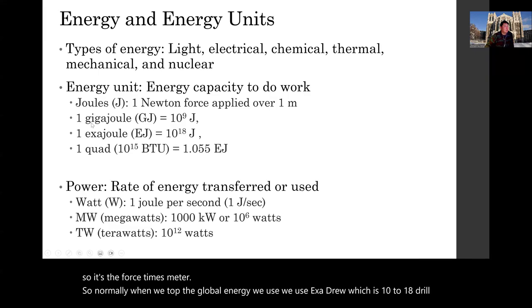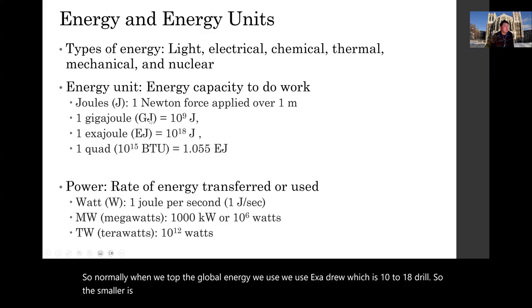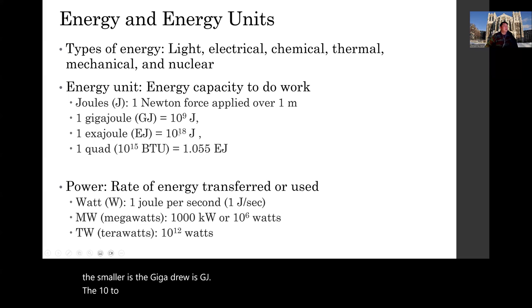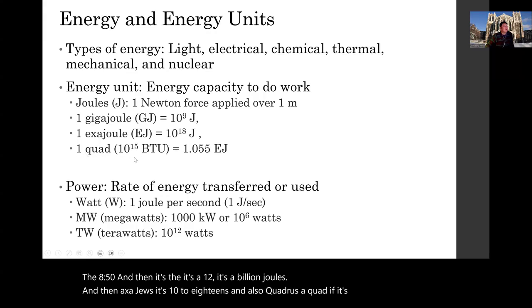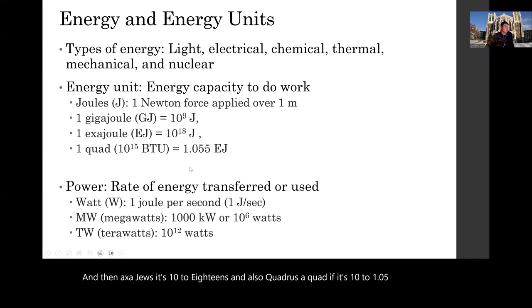The gigajoule, GJ, is 10 to the 9th, and then exajoules are 10 to the 18th, and also quadjoules. A quad is 1.055 exajoules.